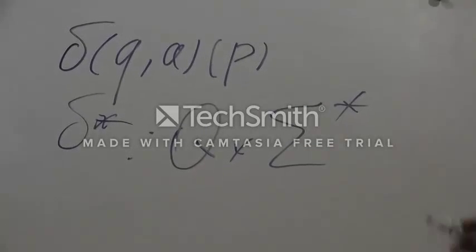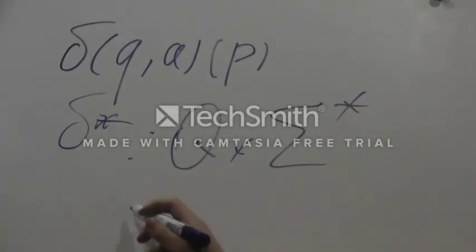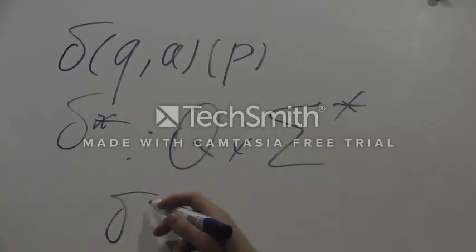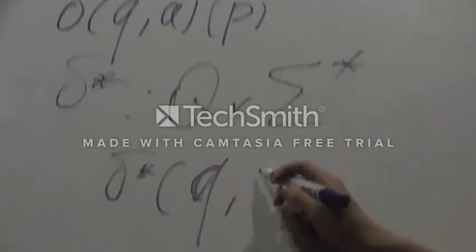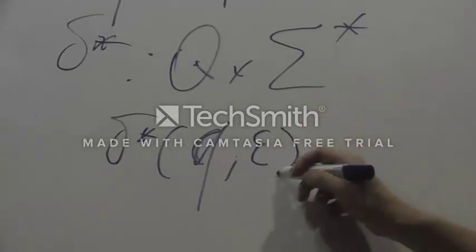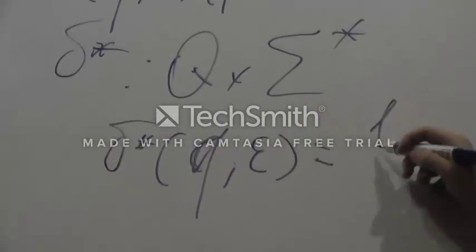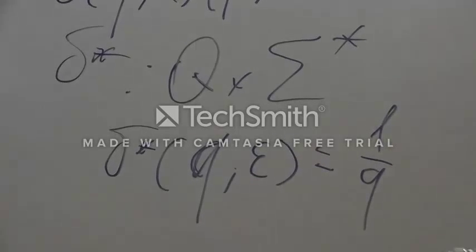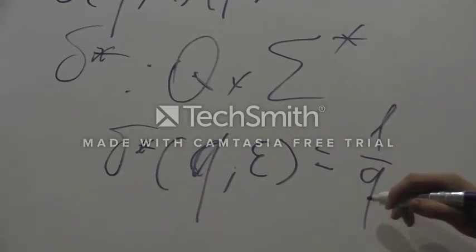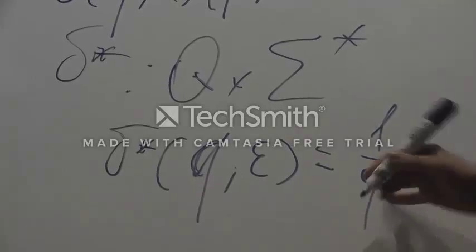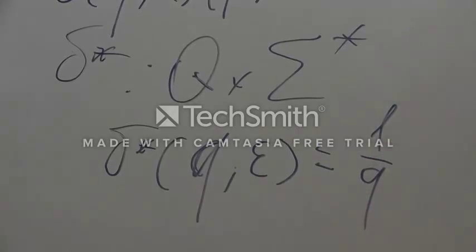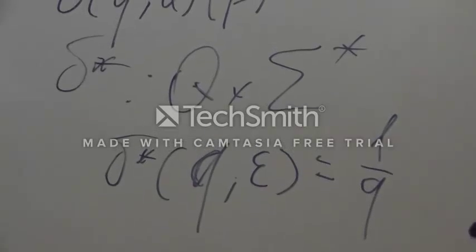To do it, let's look at two cases. The first case is the empty string. This is just a single term for the function, which means that for this Q the membership function is equal to 1, and for all the other states the membership function is equal to 0.